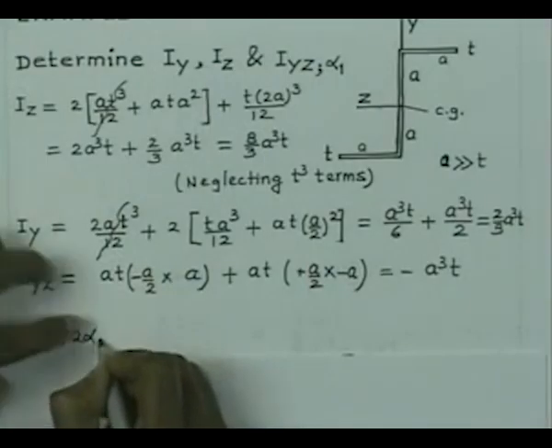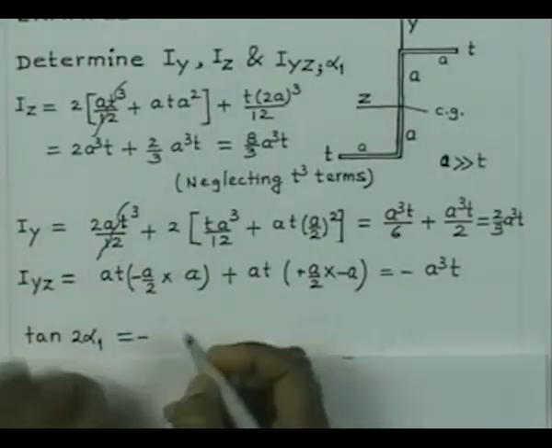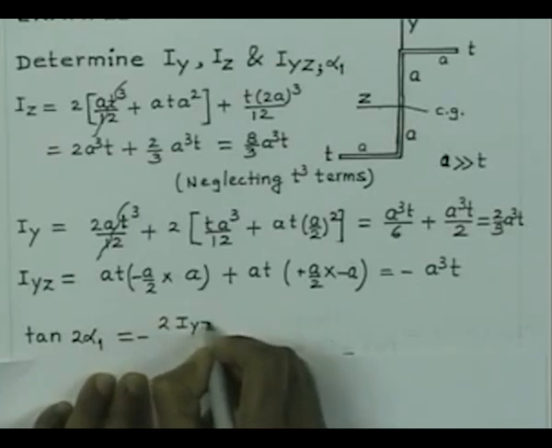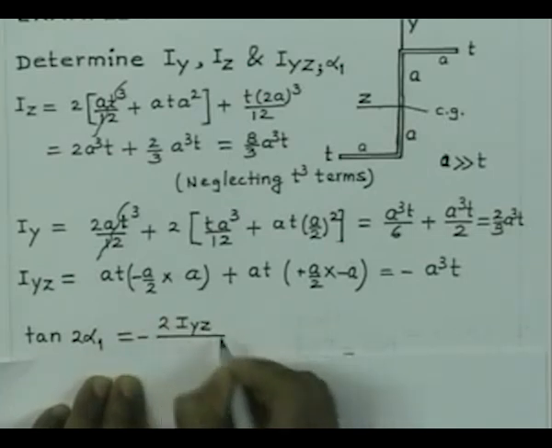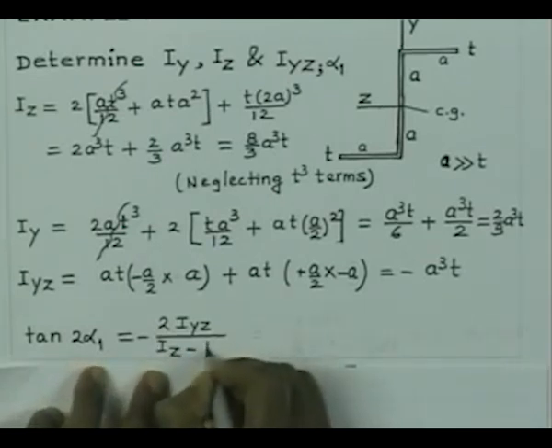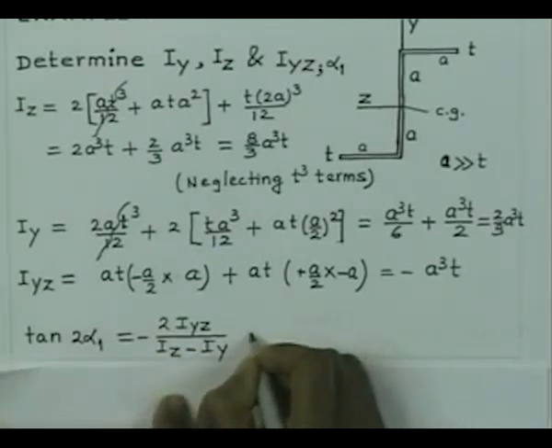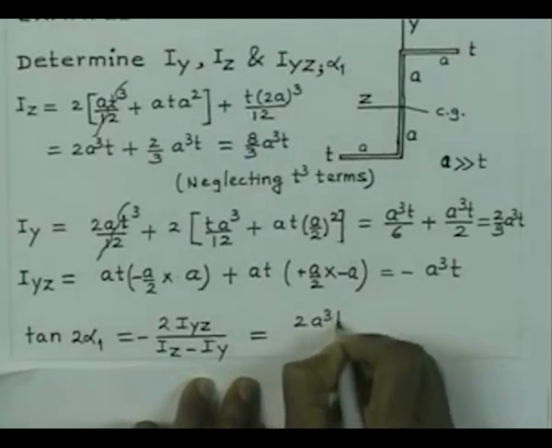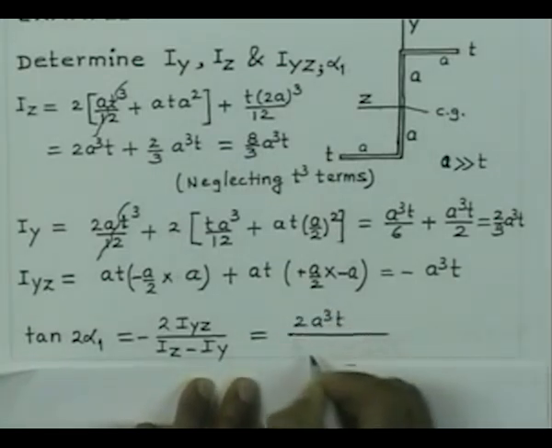So, if we just invoke the formula, tan 2 alpha 1 is equal to minus twice I yz by I z minus I y, which is equal to 2 a cube t by 8 by 3.